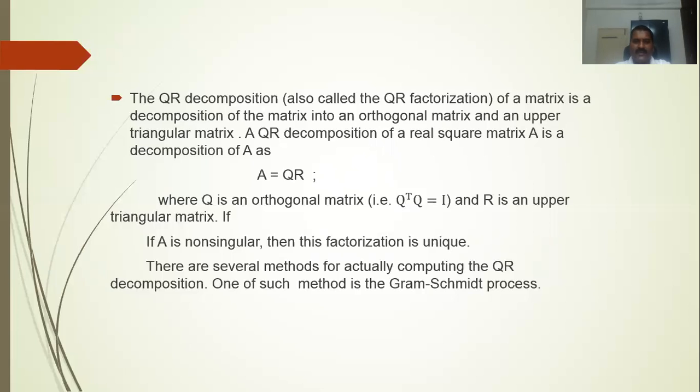One particular method we choose is the Gram-Schmidt orthogonalization process. Suppose the column vectors are linearly independent, we orthogonalize them. That is, we have a bunch of linearly independent vectors and we know how to convert them into a bunch of orthogonal vectors.